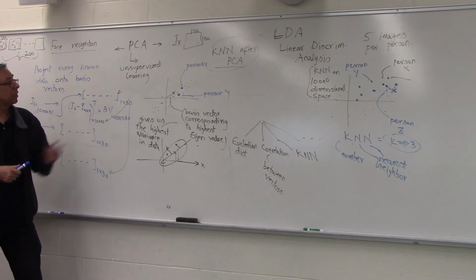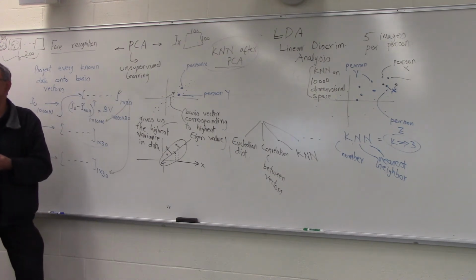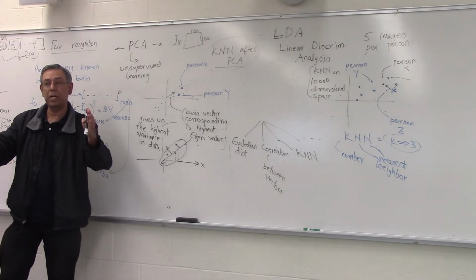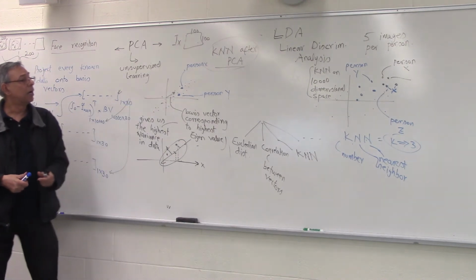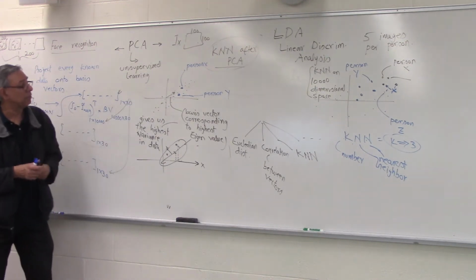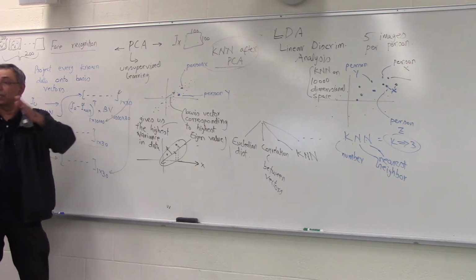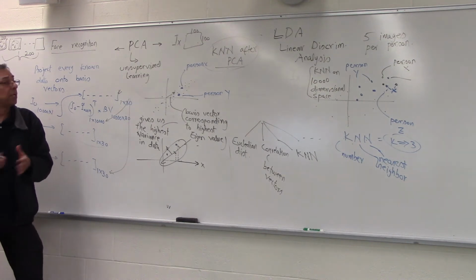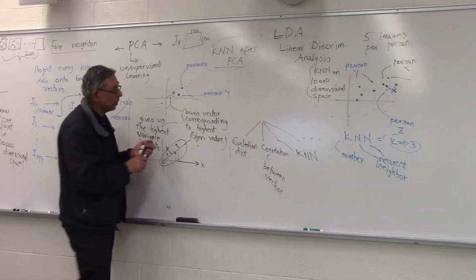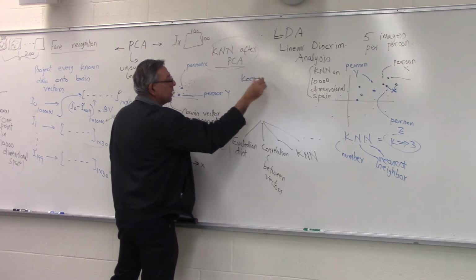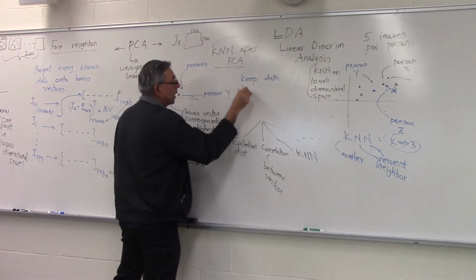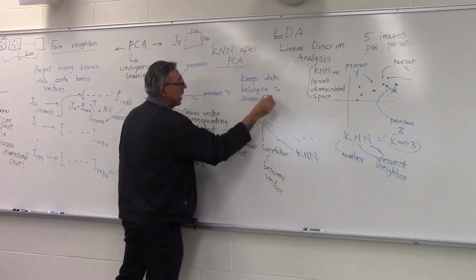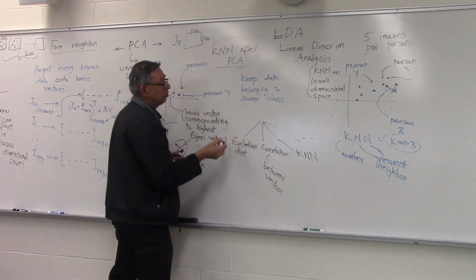So this is where the PCA doesn't care whether it's person X or person Y. Even if it's the same person, it will try to move them far apart, because that's what the highest eigenvalue vector tries to do: move the data farther from each other so that we can distinguish one from another. But in plain English, our goal should be to keep data belonging to the same class, meaning same category, closer or farther?